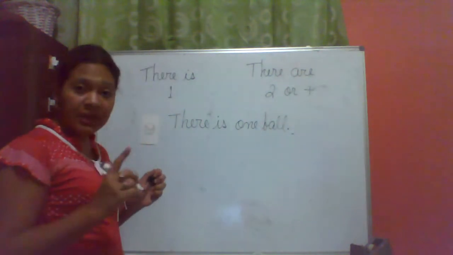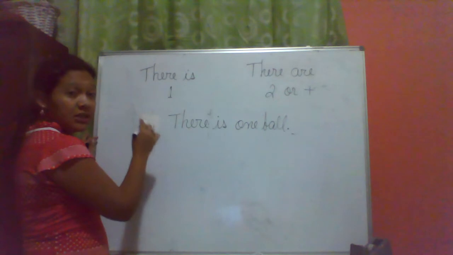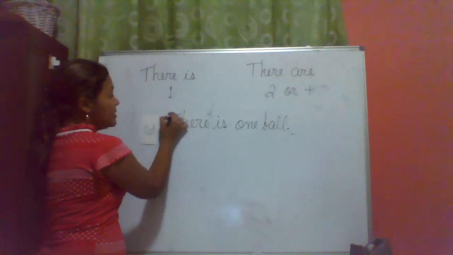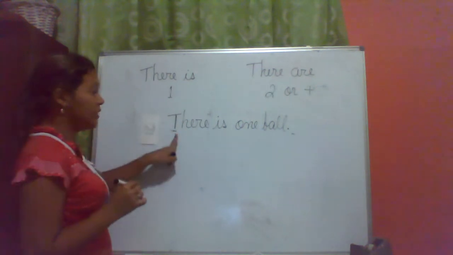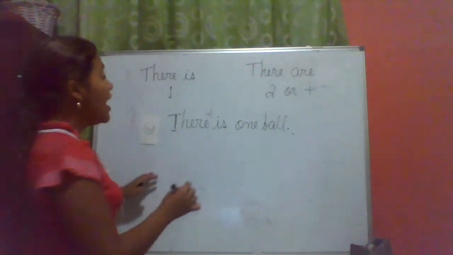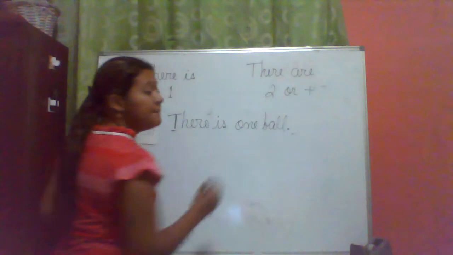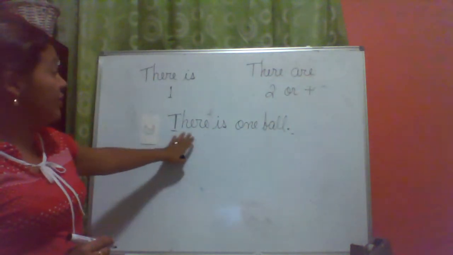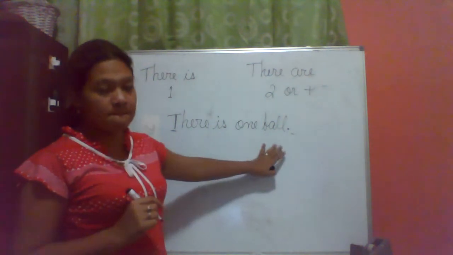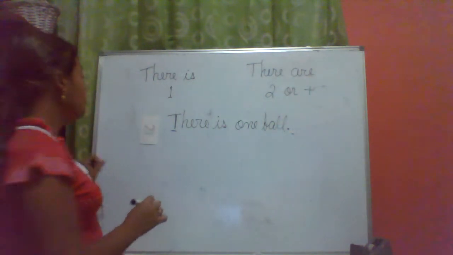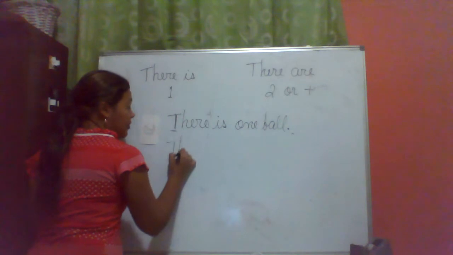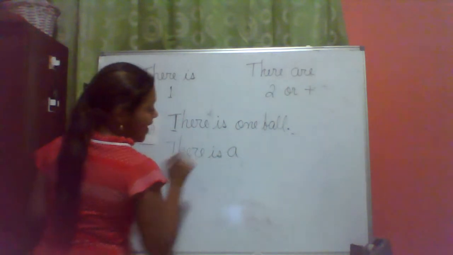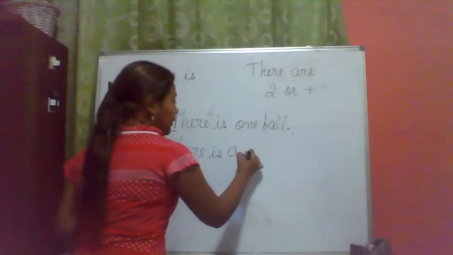Period. Remember that when we begin writing the sentence, the first letter is a capital letter. We begin with the capital letter and we finish with a period at the end. Okay, there is one ball. But also we can say there is a ball. Okay?